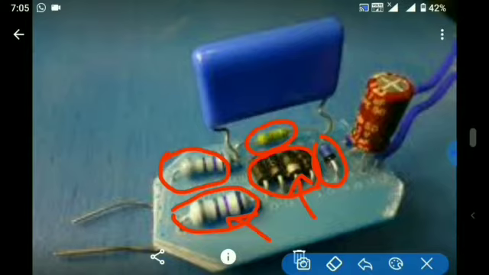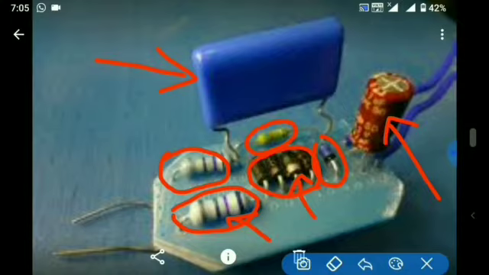Now here this blue color component and this red color component, they are capacitors. So we can say that this type of components are mostly used in circuits.